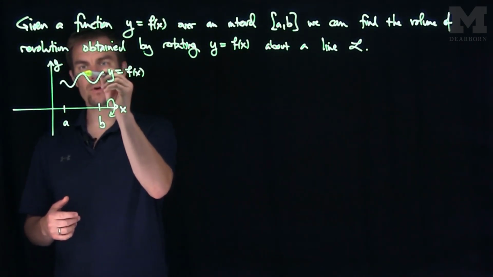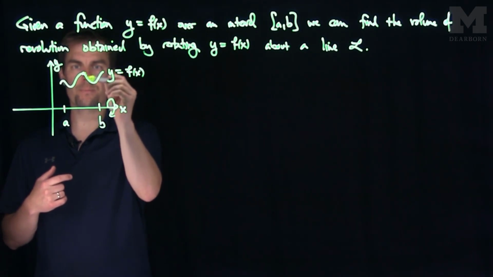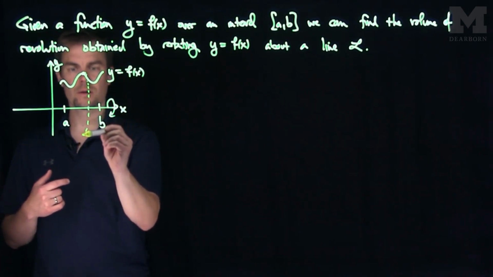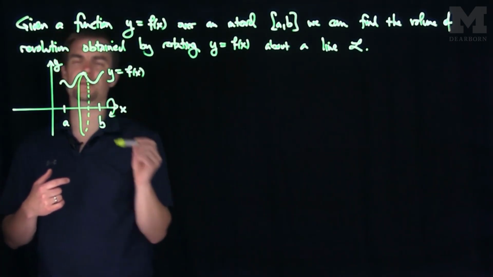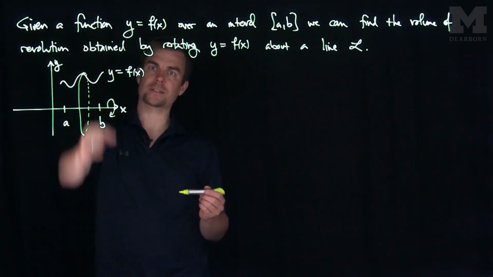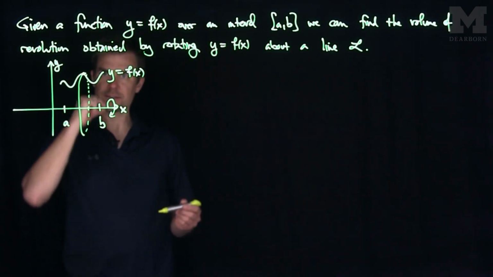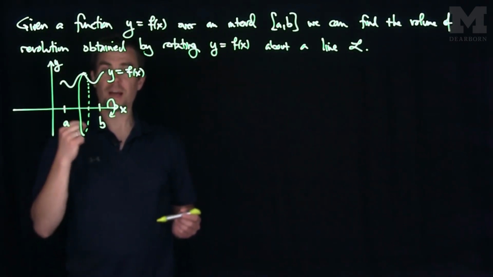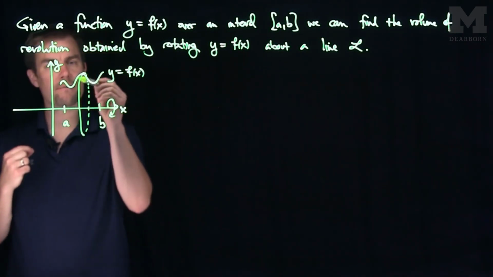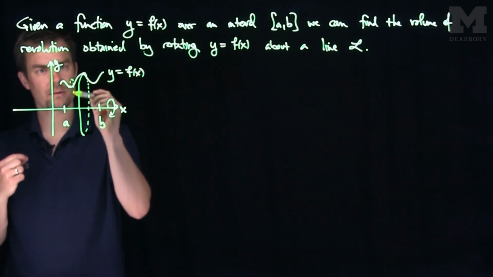I would pick up this point over here, and rotating it around the x-axis would form what kind of shape? It would go back over here, and then up like this. So you get a circle if you rotate that one particular point over the x-axis. So imagine picking up a point and rotating it around the x-axis. That would give you a circle. I can do this for every single point on this curve.